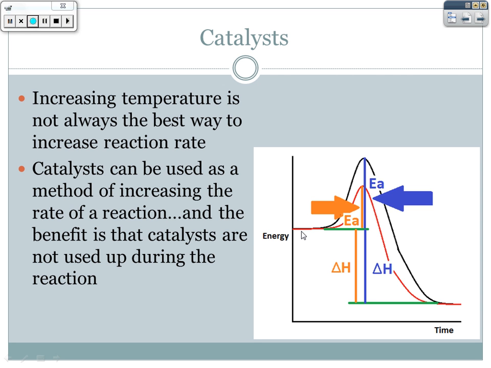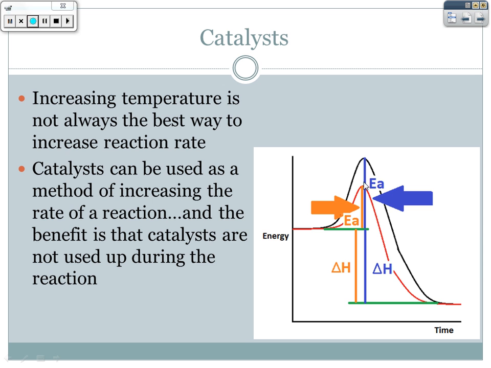What the catalyst does is it doesn't actually change the energy required to do the reaction. It doesn't change this reaction. It just provides an alternate route, and this alternate route has a smaller activation energy. By having an alternate route with a smaller activation energy, more collisions will have the energy required to overcome this barrier than this barrier.